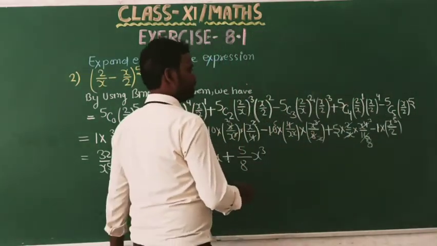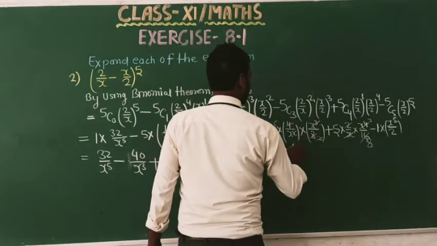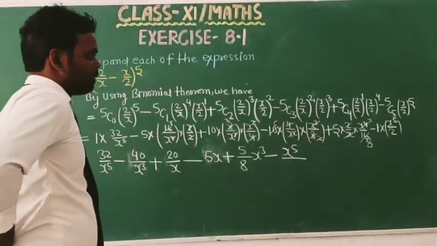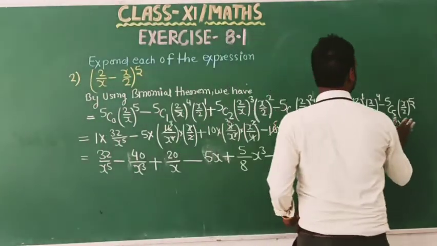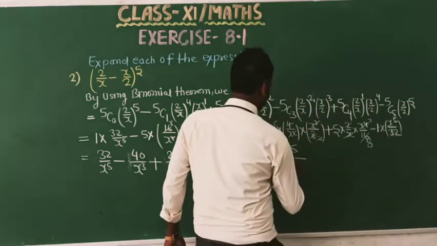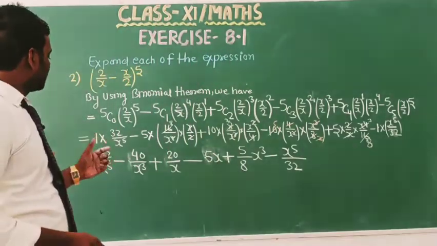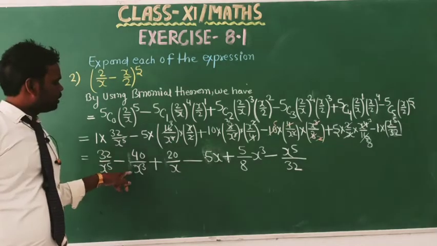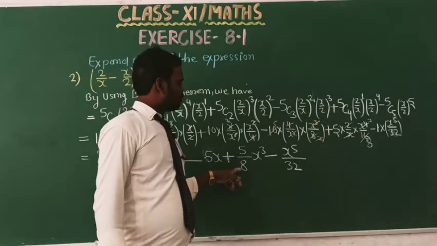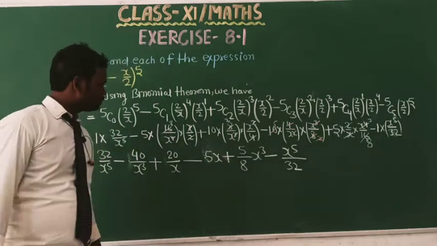And minus x^5/32. So the expansion is 32/x^5 minus 40/x^3 plus 20/x minus 5x plus 5/8 x^3 minus x^5/32.